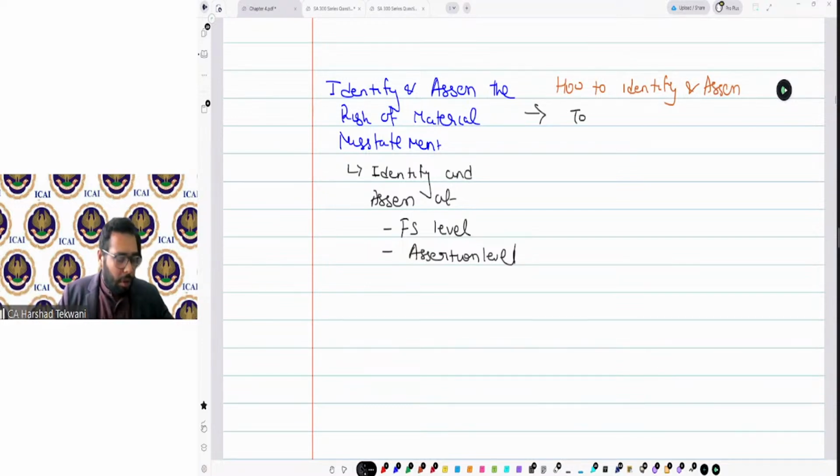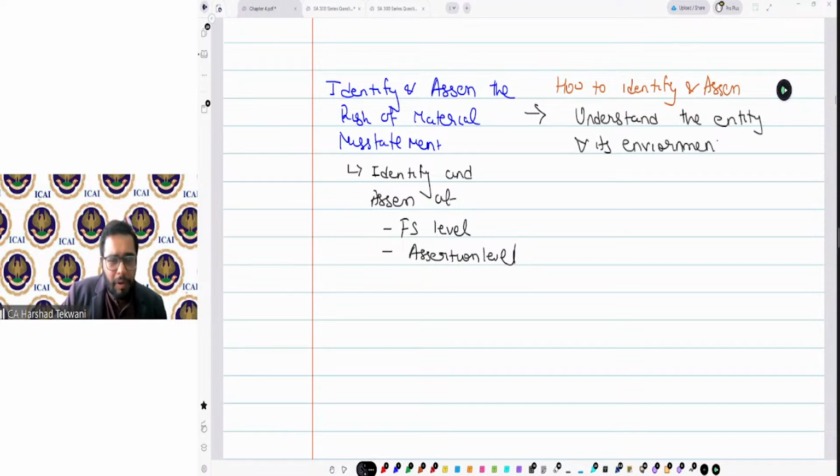So in order to identify and assess, understand the entity and its environment, including internal controls, that we already did. Fine, good.